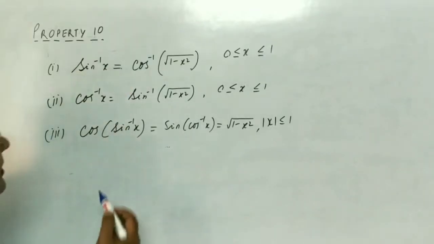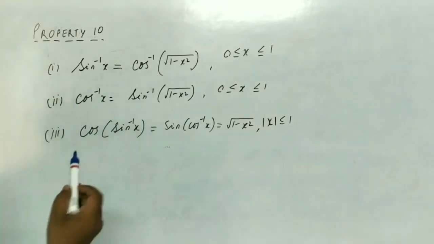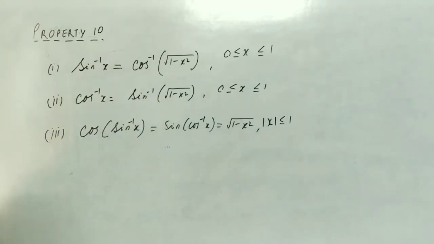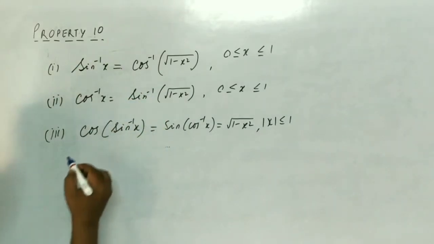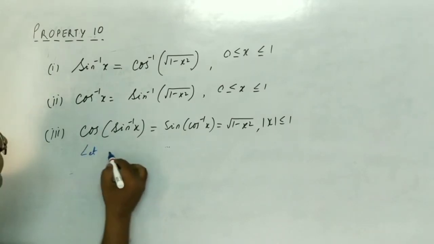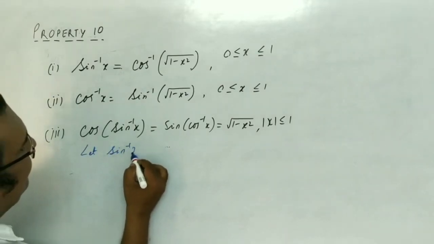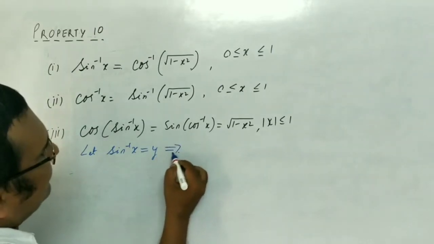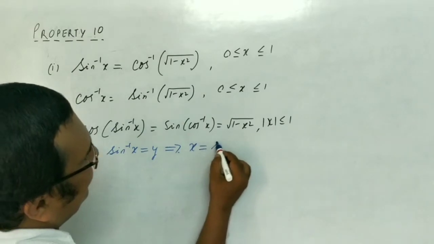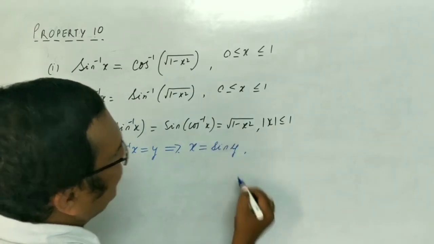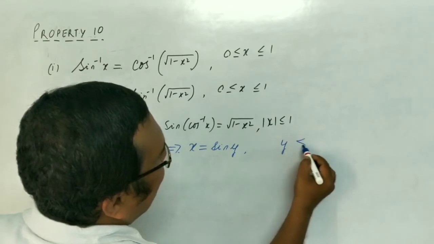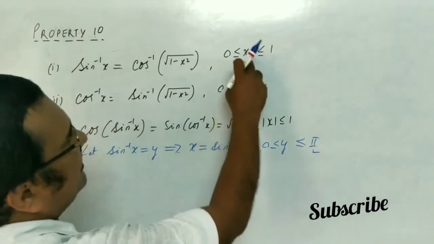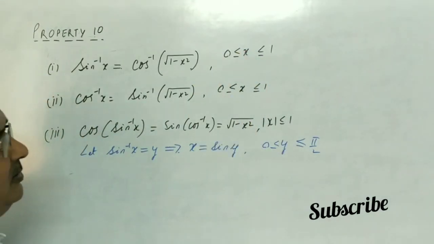Property 10. How to convert sin inverse x to cos inverse x and cos inverse x to sin inverse x. I will start from here. Let sin inverse x be equal to y. So what I get from here? x is equal to sin y. And we know that y lies in the first quadrant because it is given the value of x is 0 to 1.